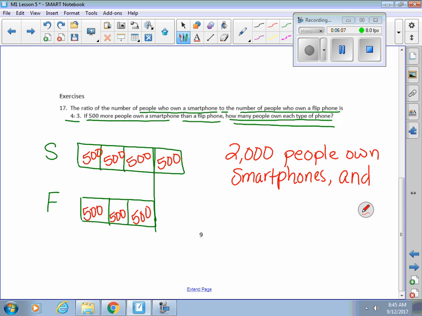And how many own flip phones? Shirley. 1,000. 1,000 is right here. 500 plus 500 is 1,000, but we had another 500, so it's 1,500.